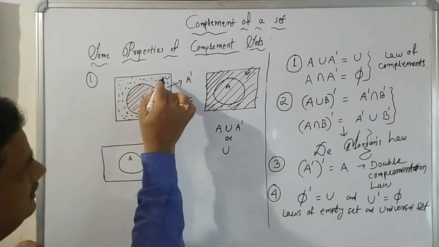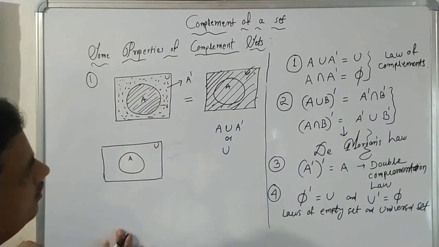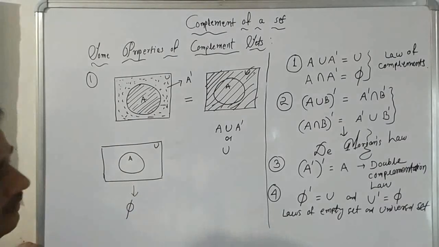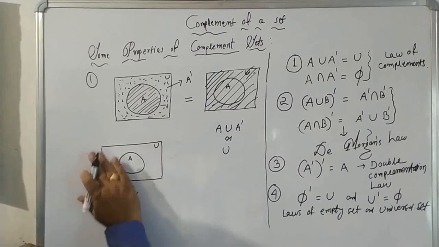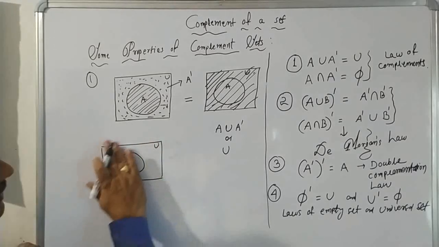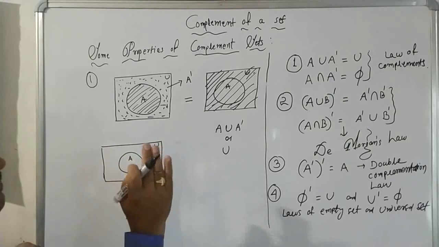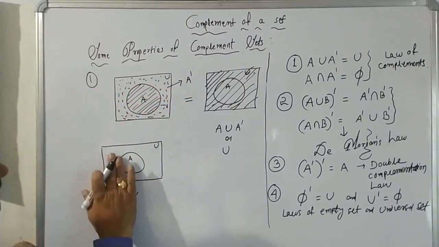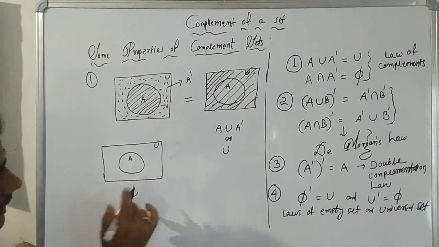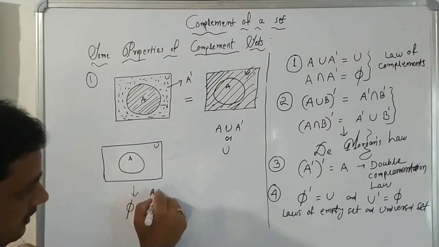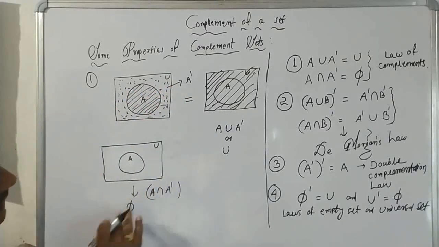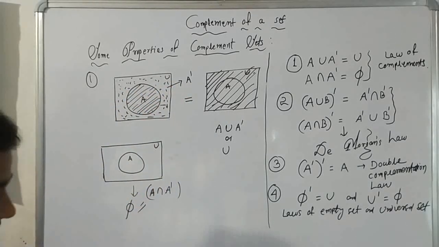This is A and this is U. So no common elements are there. Hence it is phi. Here nothing has been shown, no elements are there in this set, because elements are always shown with some shading. Since there is no common element in A intersection A dash, hence it is phi.